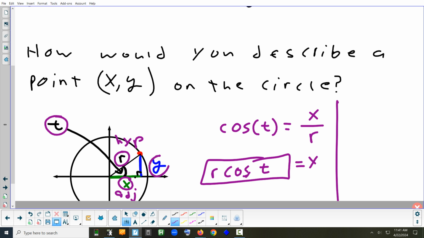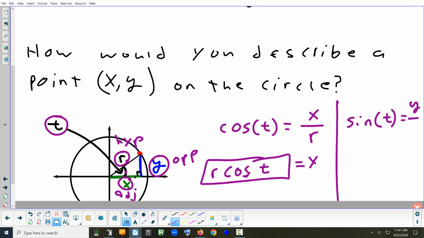And how about y? What position is side y? Opposite. So if I gave you the angle and the hypotenuse, what trig function would you use to find the opposite? You'd use the sine. So the sine of your angle would equal, what's opposite again?